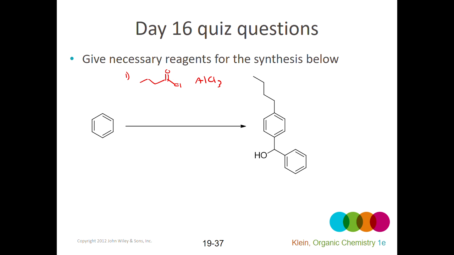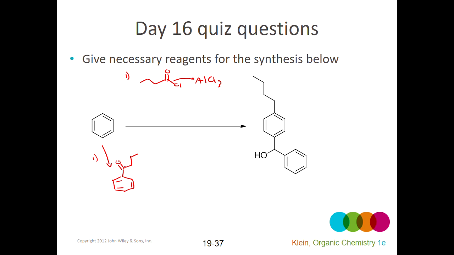Right? That way, when the chlorine leaves and goes to the aluminum, the acylium ion will be stabilized by resonance, and then the ring can attack that. And so that will give initially a CO double bond at that site on my 4-carbon chain.